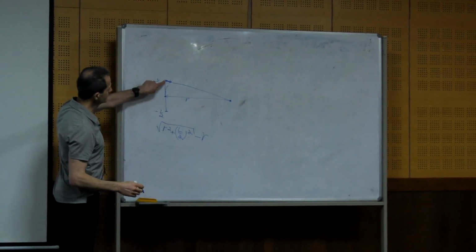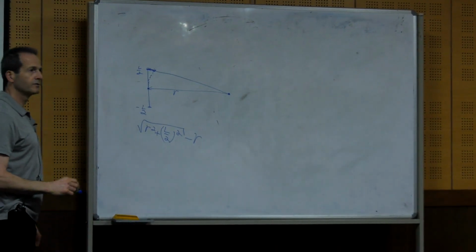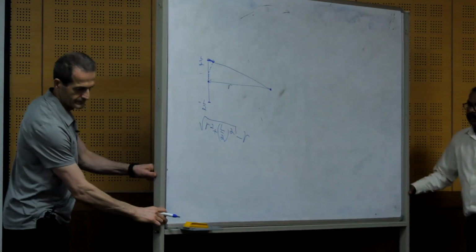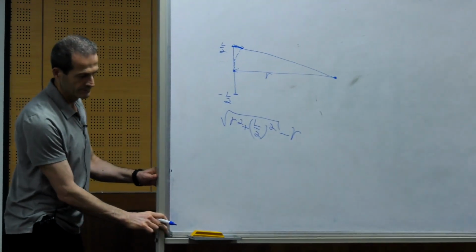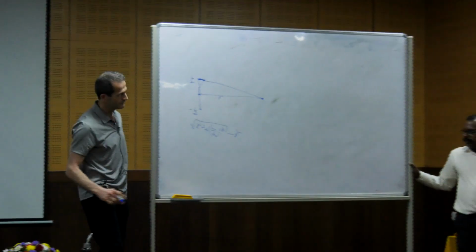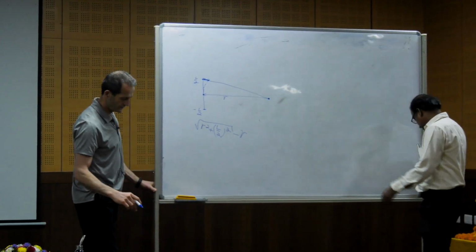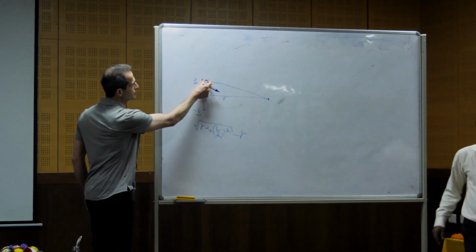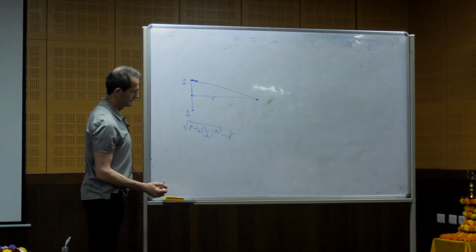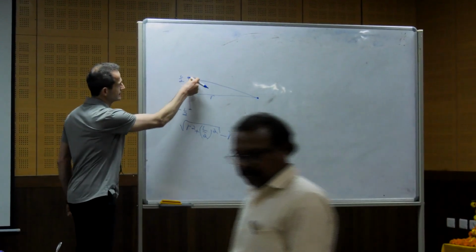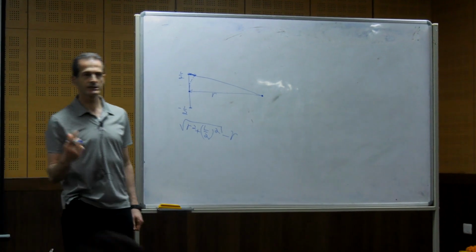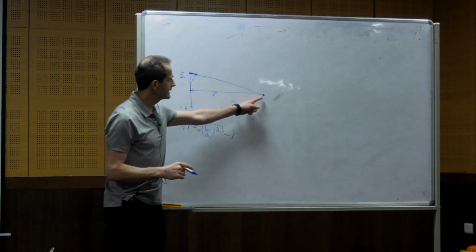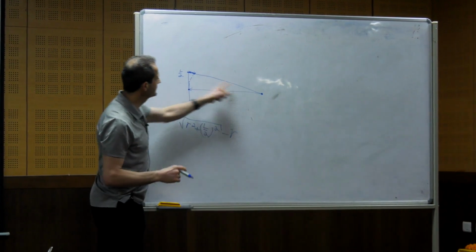So if we take this difference, this is the distance. And we ask ourselves, what is the phase difference between the signal that hits the middle point and the edge?